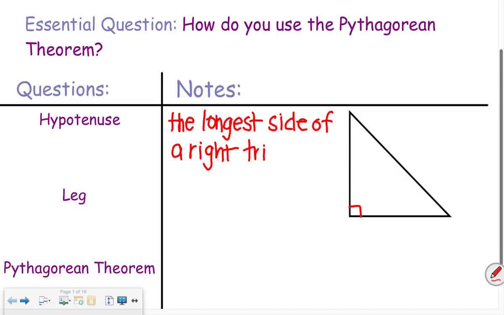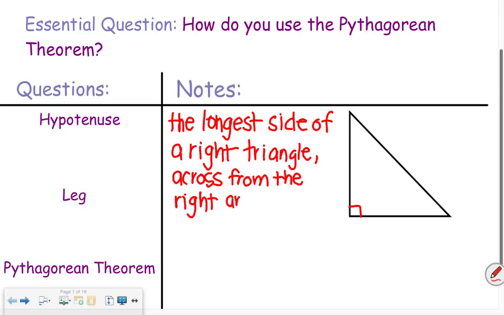And it is across from the right angle. So if I take my triangle over here and I go across from my right angle, this is my hypotenuse. And my hypotenuse is always C. All right.